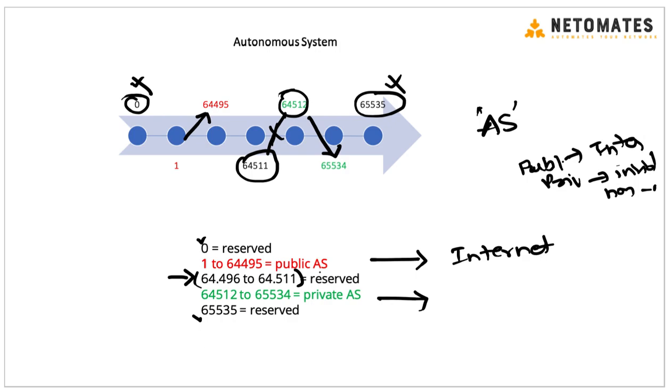If you have a BGP peering with an internet router, you should use the public AS. But if you are using BGP within an organization or a non-internet environment, you can use the private AS. Try to remember these two ranges only.